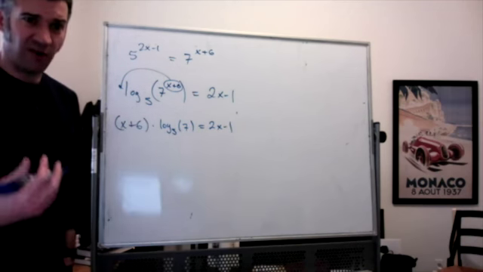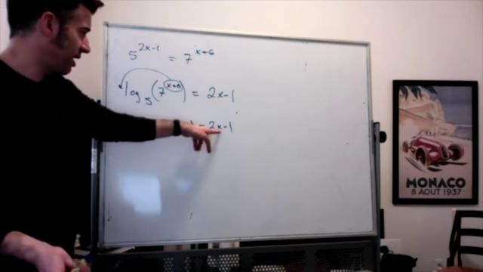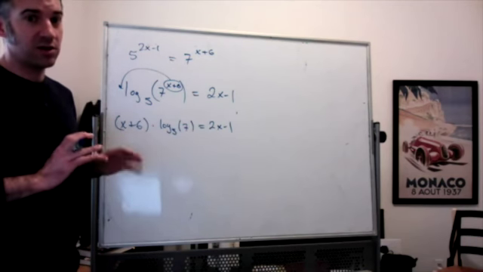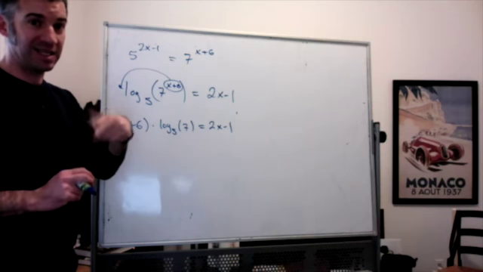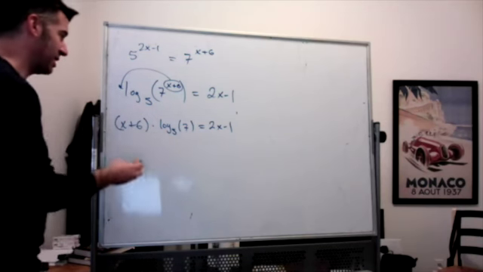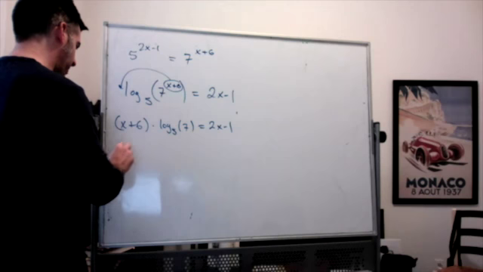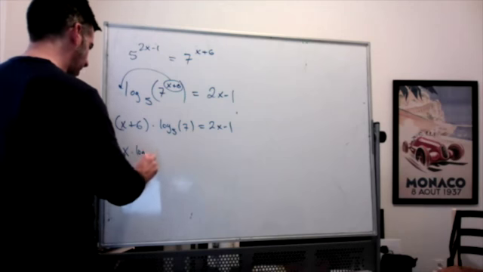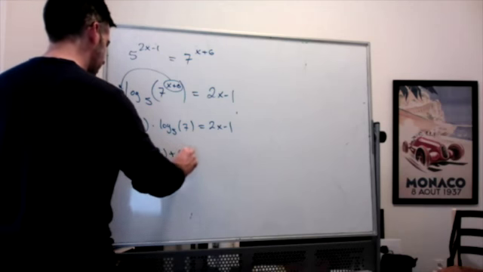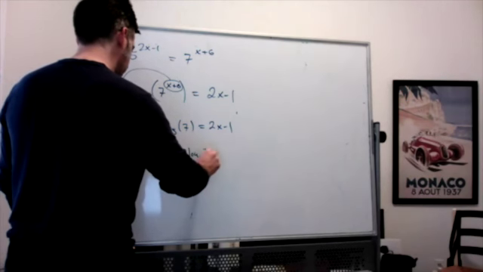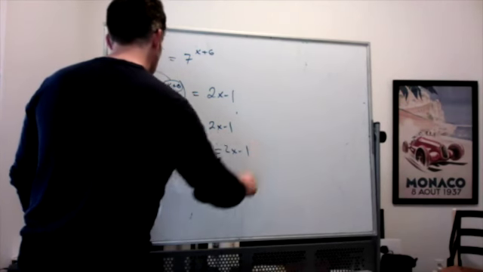You still have to solve for x though, meaning you still have to get all the x's together. So here's the thing, if you're solving for x, x can't be in your answer. So I still have to distribute this and say I've got x times log base 5 of 7 plus 6 times log base 5 of 7 equals 2x minus 1.